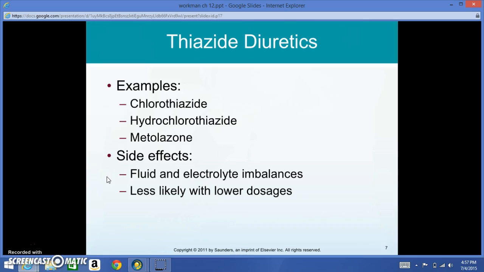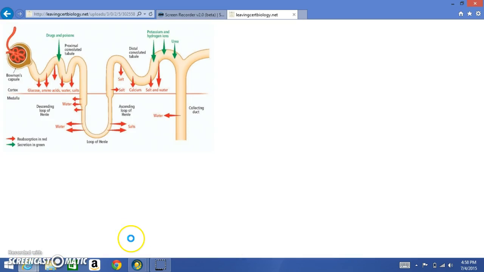I also want to make it clear that the mechanism of action of a thiazide drug is that it inhibits sodium reabsorption, also chloride, from the distal convoluted tubules. And I do have a picture. If you look here, this is basically a nephron exploded, or in detail. You've got your Bowman's capsule here, and as it goes on, I like to call it the radiator.